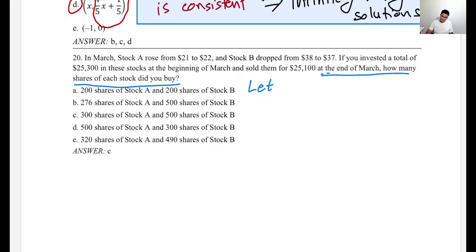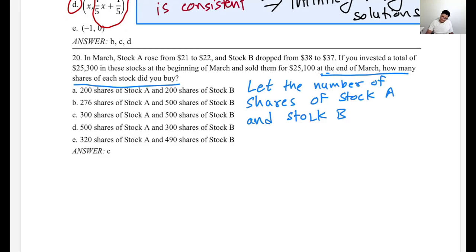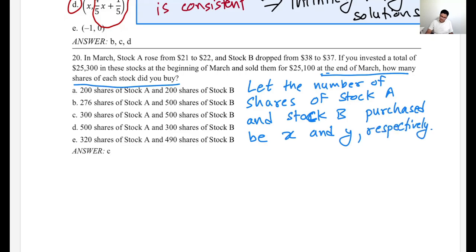So you would say, let the number of shares of stock A and stock B purchased be X and Y. We have two things here: number of shares of stock A, number of shares of stock B. Let them be X and Y. Don't forget to add the word respectively, otherwise it won't be correct.